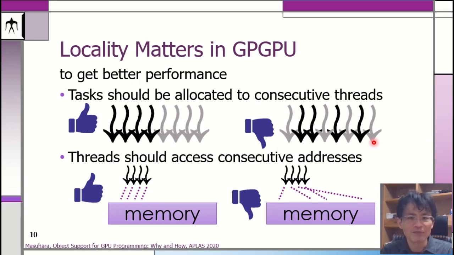The second lesson is that when multiple threads access memory addresses, they should access consecutive memory addresses like this way, rather than scattered addresses that way. Those two lessons are actually important for the design decisions of the language that I'm going to talk about today.